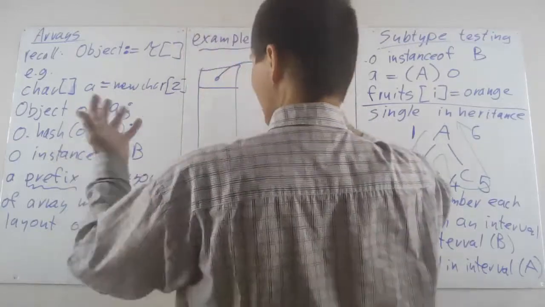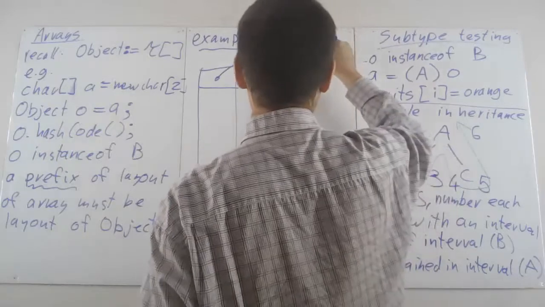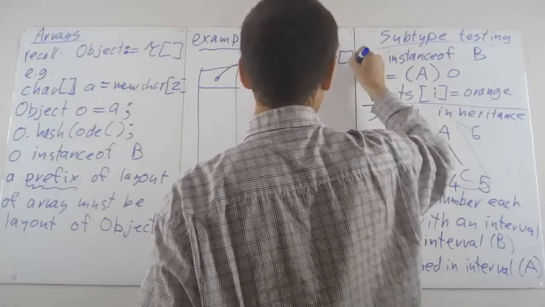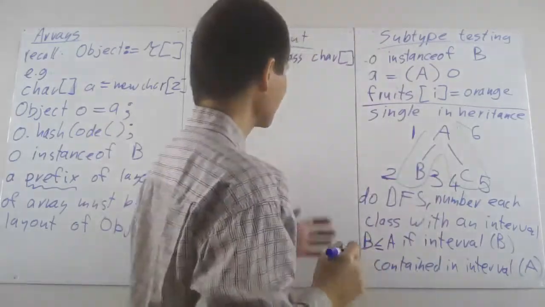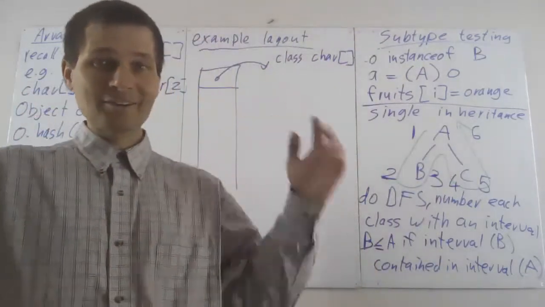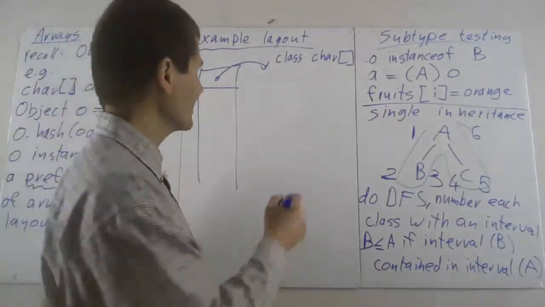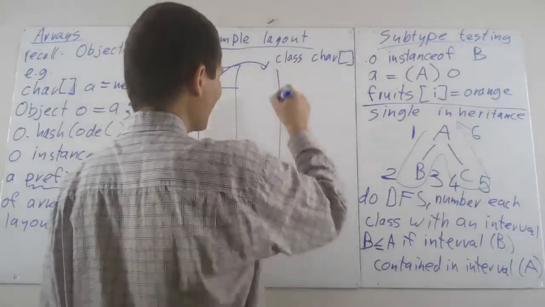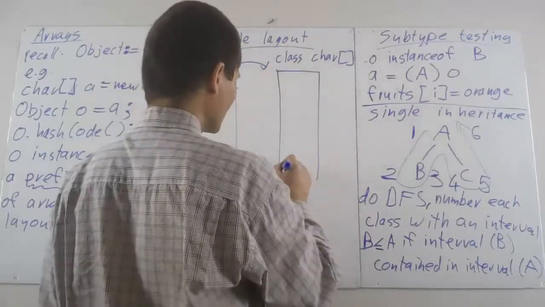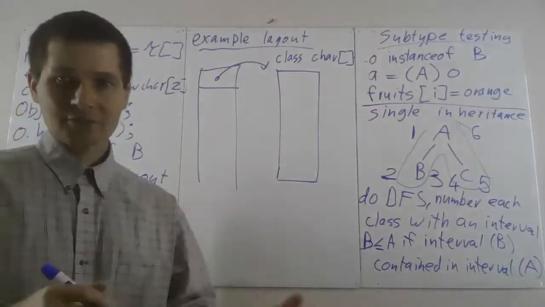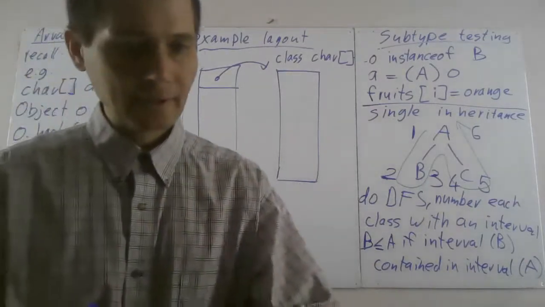But in this case, it's not going to be a class, but really a character array. You can think of a character array type as being like a class, and then you're going to need to have all the same information that you would normally have for a class, but for each different type of array.